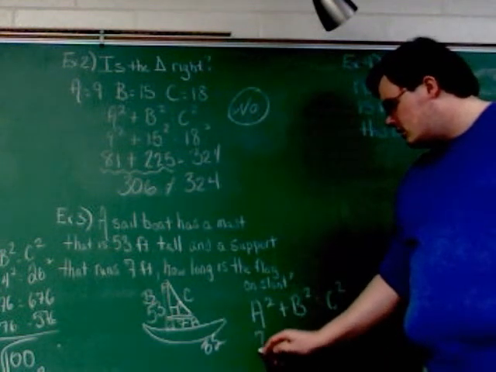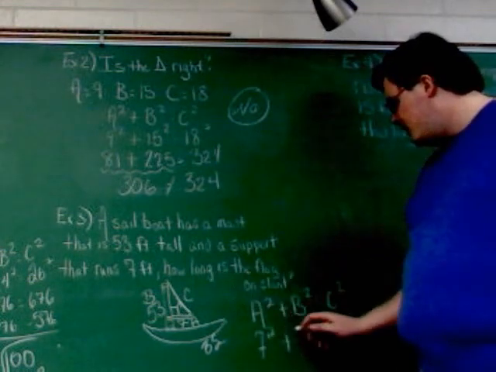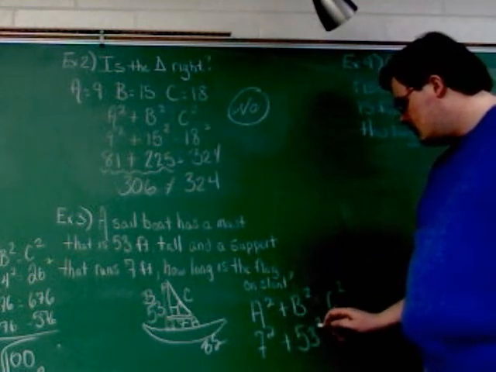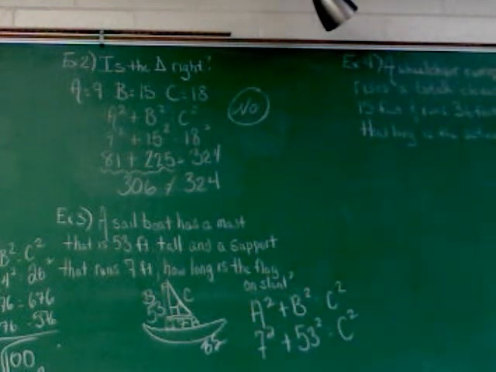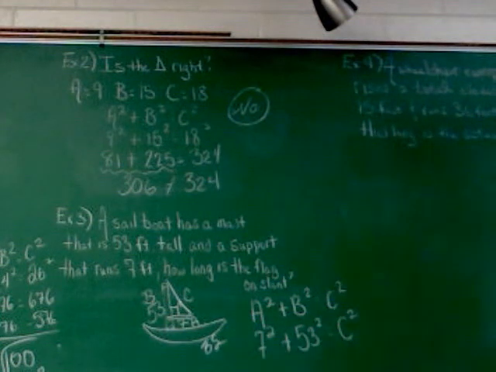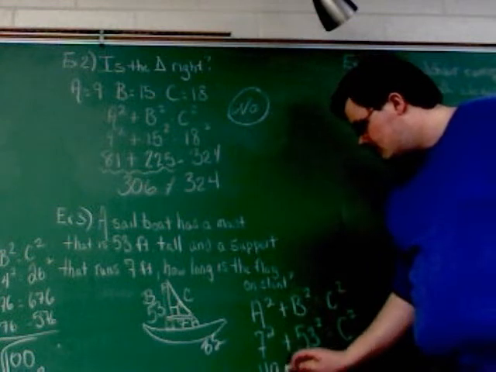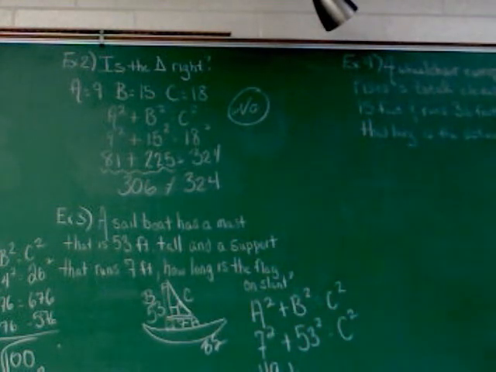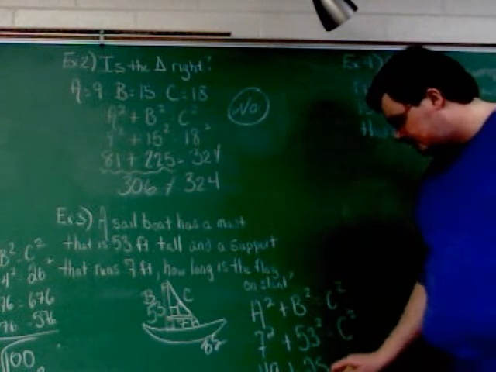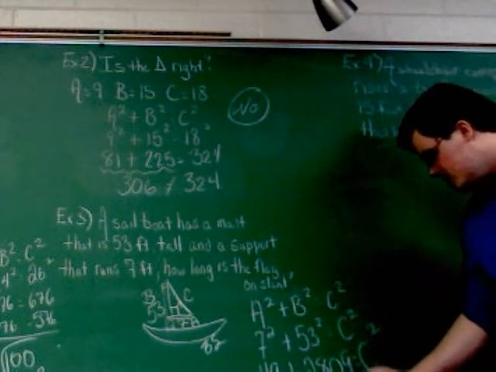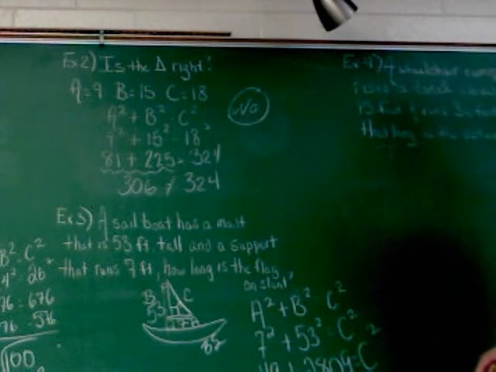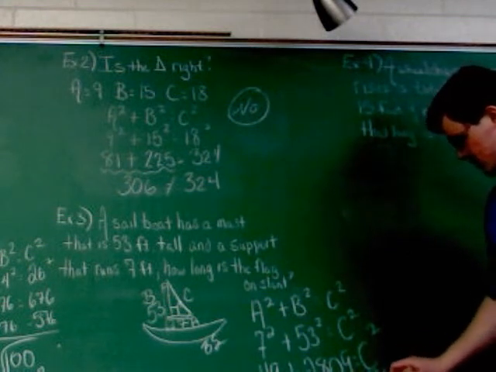All right, so A squared plus B squared equals C squared. A is 7, and B is 53. C, well, C is the mystery. All right, so we can solve this. 7 squared, you know, 7 times 7, 49. 53 squared is 2809. I'm going to add those together for C squared, which means C squared is going to equal 2858.